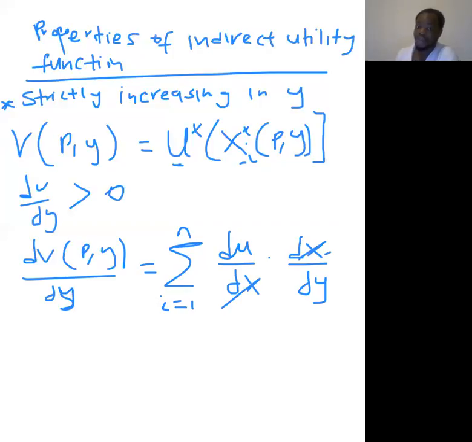But because the utility is a function of another function, I first have to differentiate the utility with respect to x, then differentiate x with respect to y. So I have du/dxi multiplied by dxi/dy. I want to differentiate u with respect to y, but because u is a function of x, I first differentiate u with respect to x, then x with respect to y.